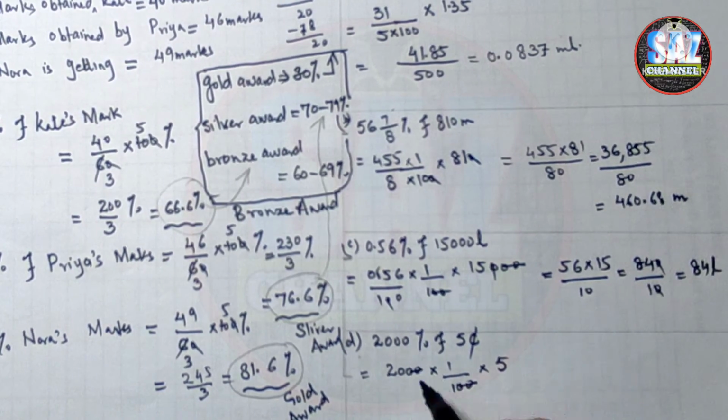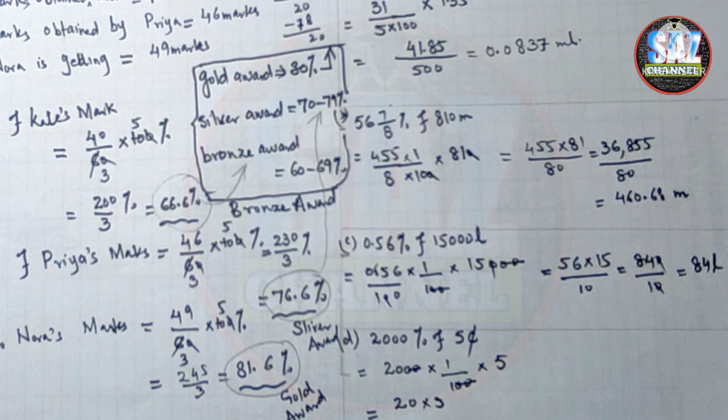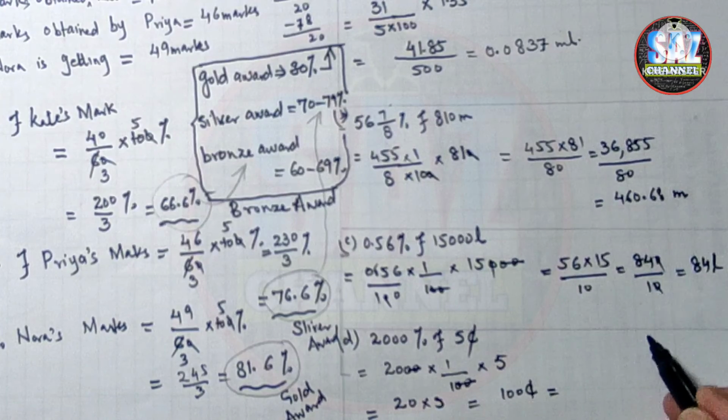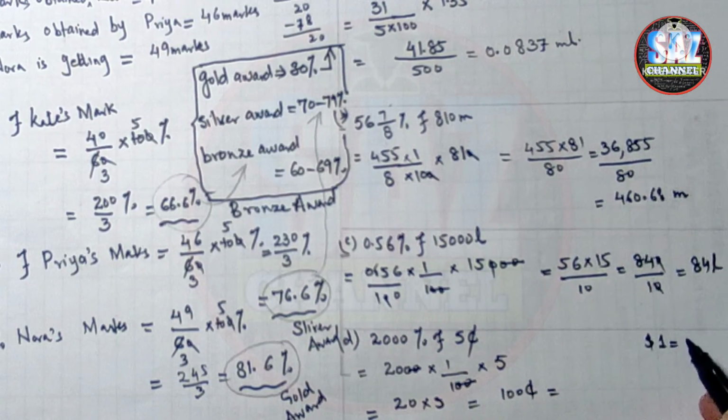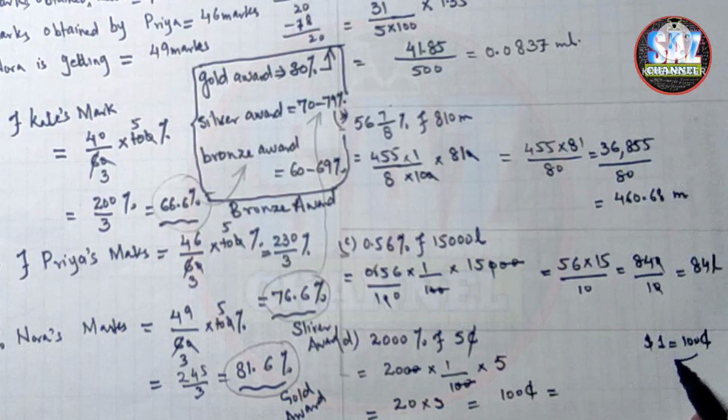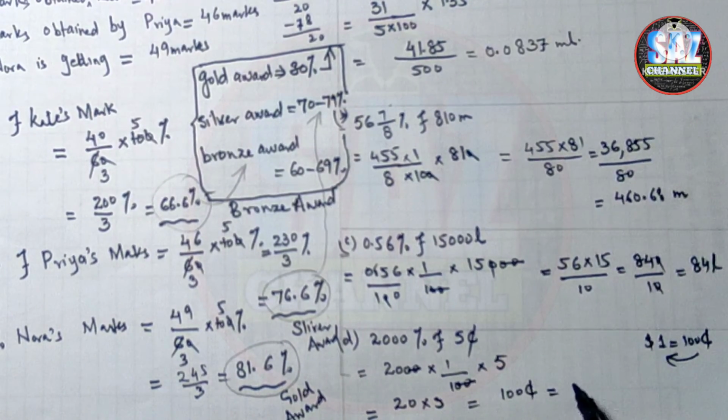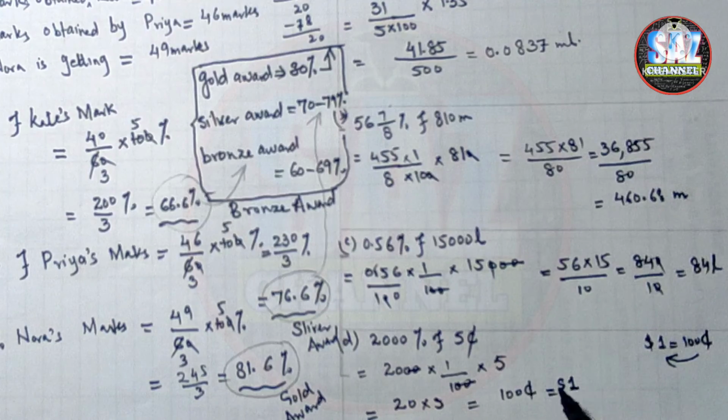Zeros go with zeros, and we are left with 20 multiplied by 5, which is equal to 100, but these are cents. And 100 cents, we know that $1 equals 100 cents. So this answer will be equal to $1.